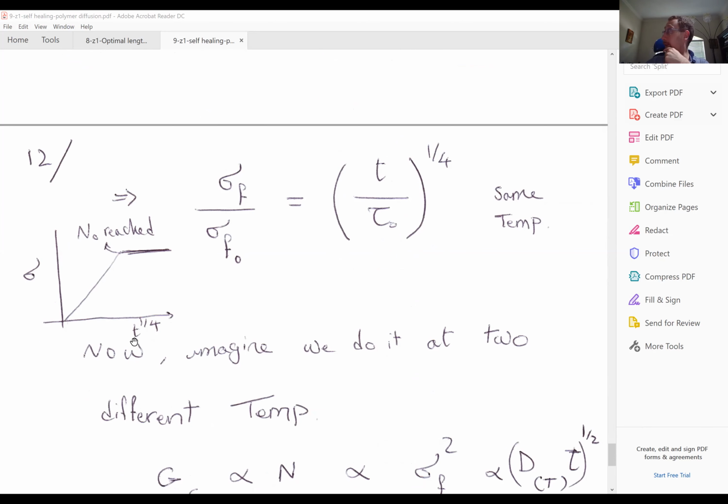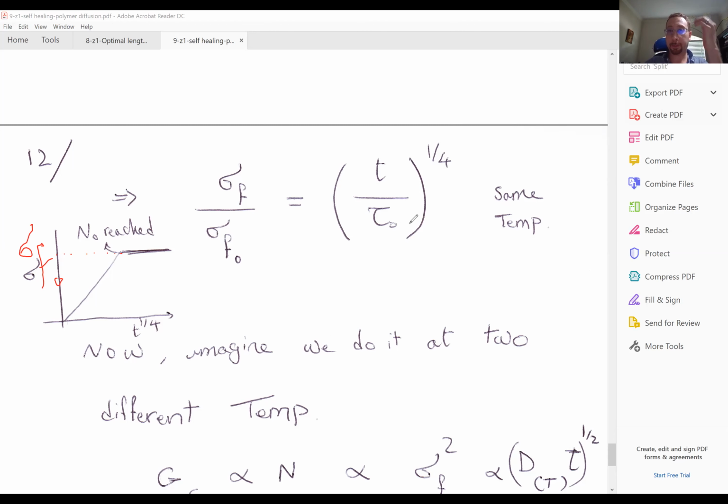So strength scales linearly as a function of t to the power of 1/4. But then at some point it reaches the equilibrium state, that is the strength of the virgin material. So in other words, this quantity here is sigma F0, the property of the virgin material.